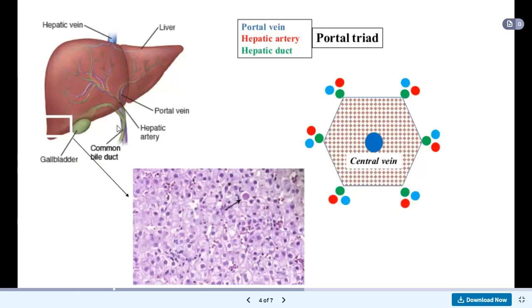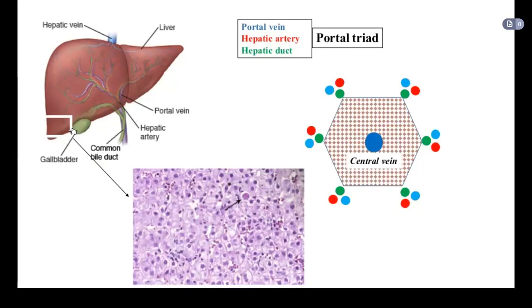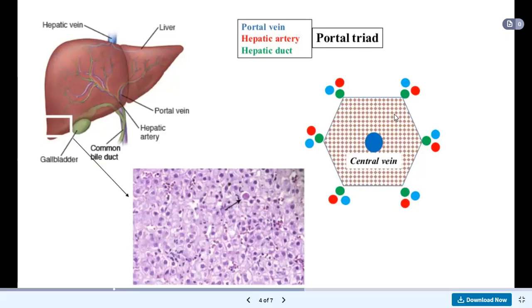And then we said that when we cut a section of the liver, we would find what is called a liver lobule. That liver lobule is made up of hepatocytes, or liver cells. This hepatic lobule is arranged in the form of a hexagon, with each edge having a portal triad surrounding it. So this portal triad is the portal vein, hepatic duct, and hepatic artery.